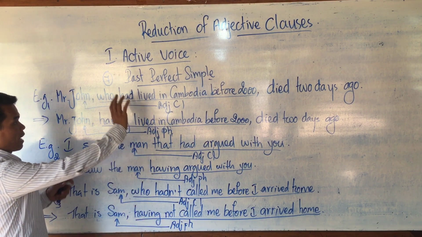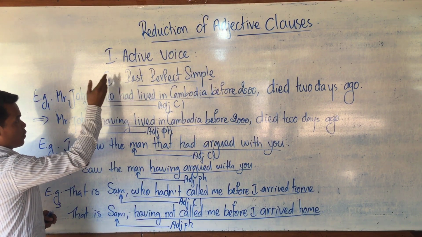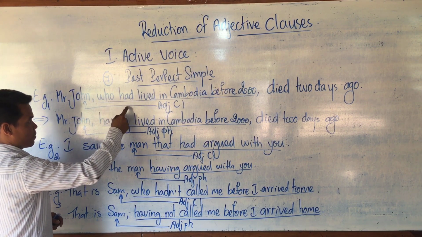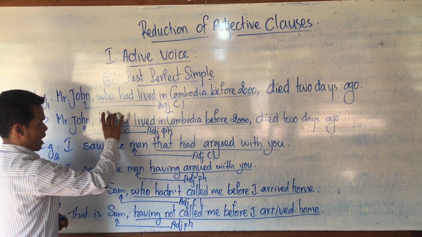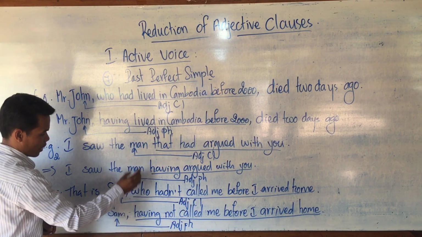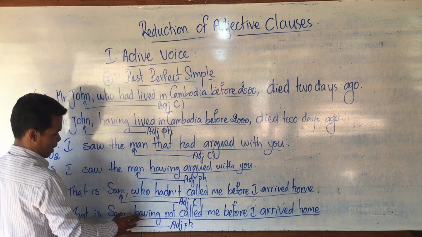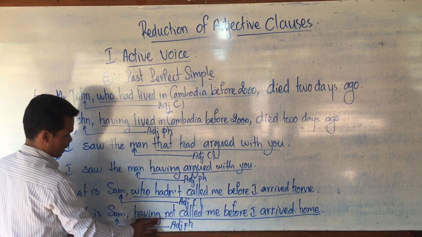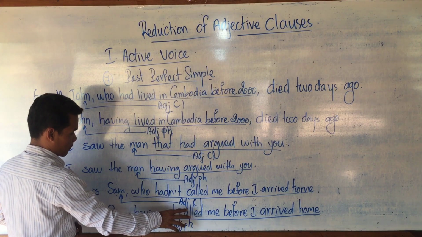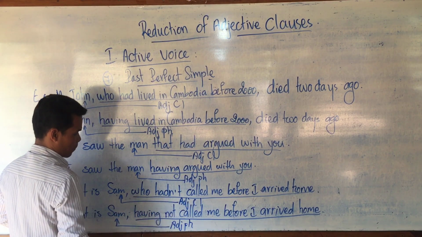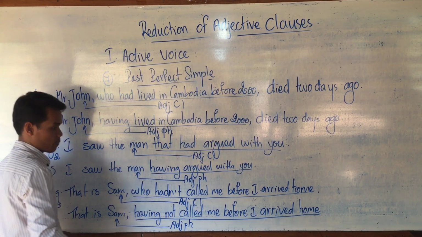Then we have the formula. Positive: we delete the relative pronoun, we get having plus verb participle. For negative, we omit the relative pronoun, change had to have plus ing, and not plus verb participle. Then we have the formula: having plus not plus verb participle.